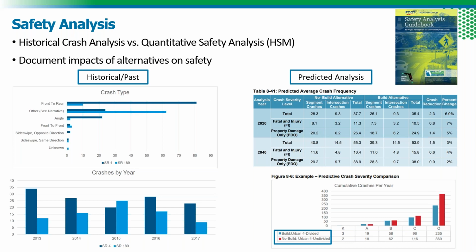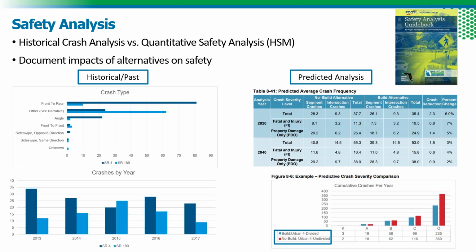So what's shown there on the left of the screen are the crashes that have happened in the past. Many times when you're doing a PTAR, it's alternatives of different configurations, different maybe lane widenings, maybe new interchange types. So what happened in the past is not necessarily indicative of the future prediction of crashes when you're widening or doing any sort of geometric changes.